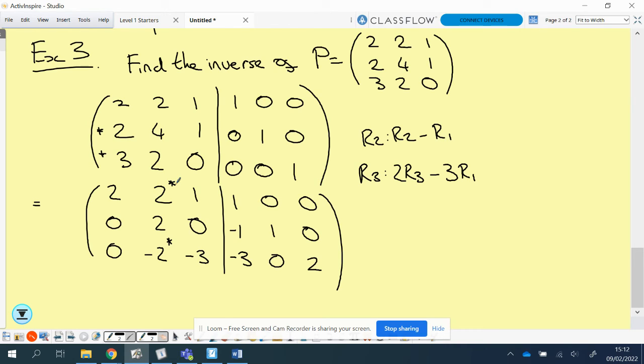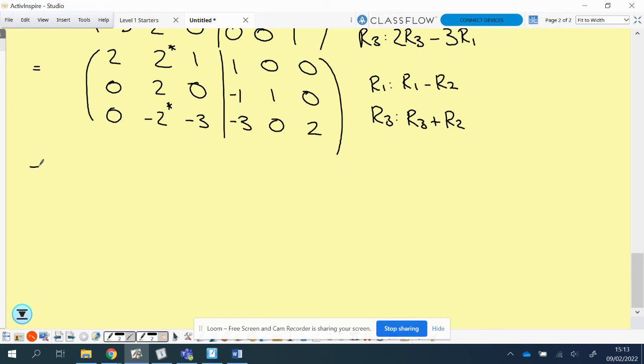How I'm going to change row 1 is row 1 take away row 2, and I'm going to do row 3 plus row 2. That way those entries will end up becoming 0.